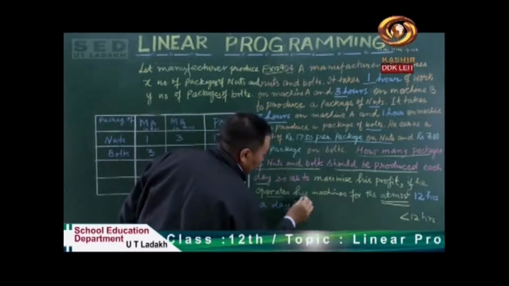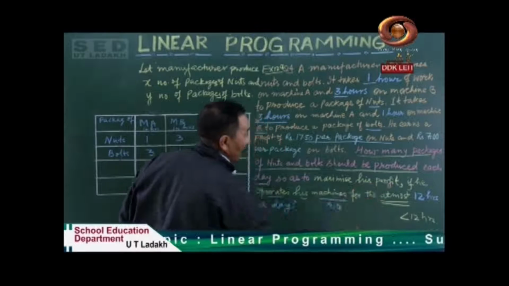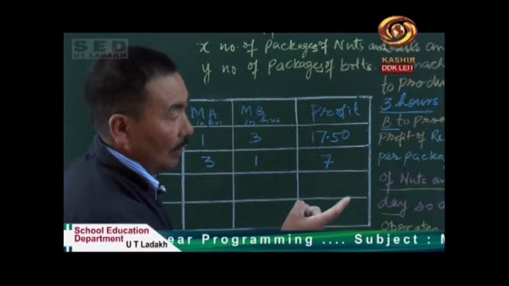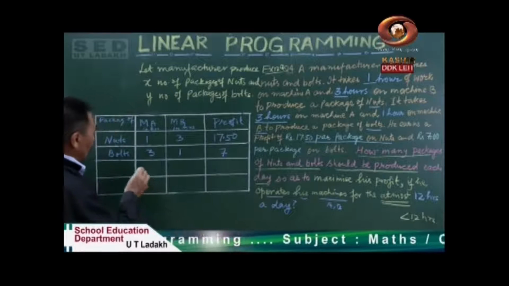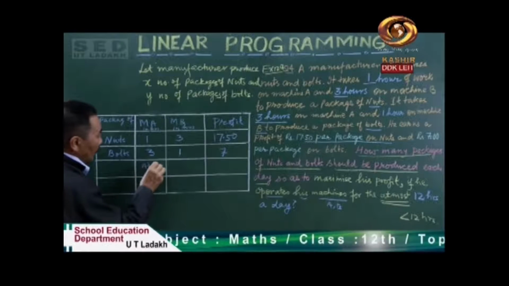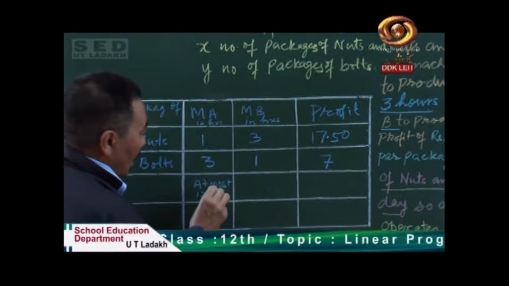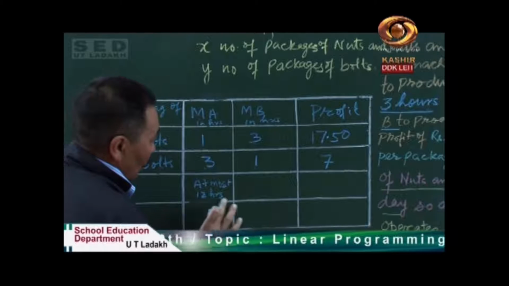He operates his machines A as well as B for at most 12 hours. That means our information is here: at most 12 hours.